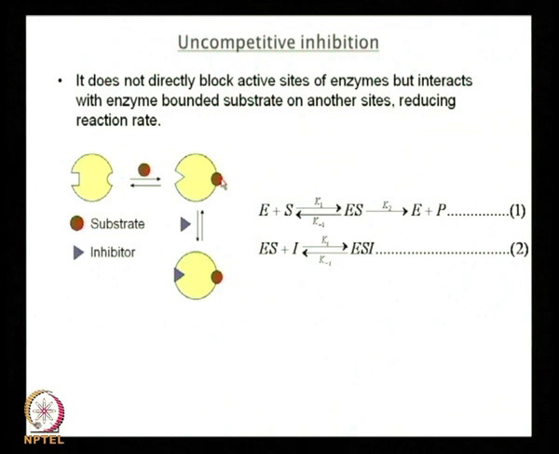One is the substrate combining with the enzyme to form the complex which is needed for the product formation P, and the other possibility is both the substrate and the inhibitor combining with the enzyme to form this complex ESI, which is not required for us. As a result, this will not lead to product formation, right? So if you go back to your notes, you will see that we started working on it.